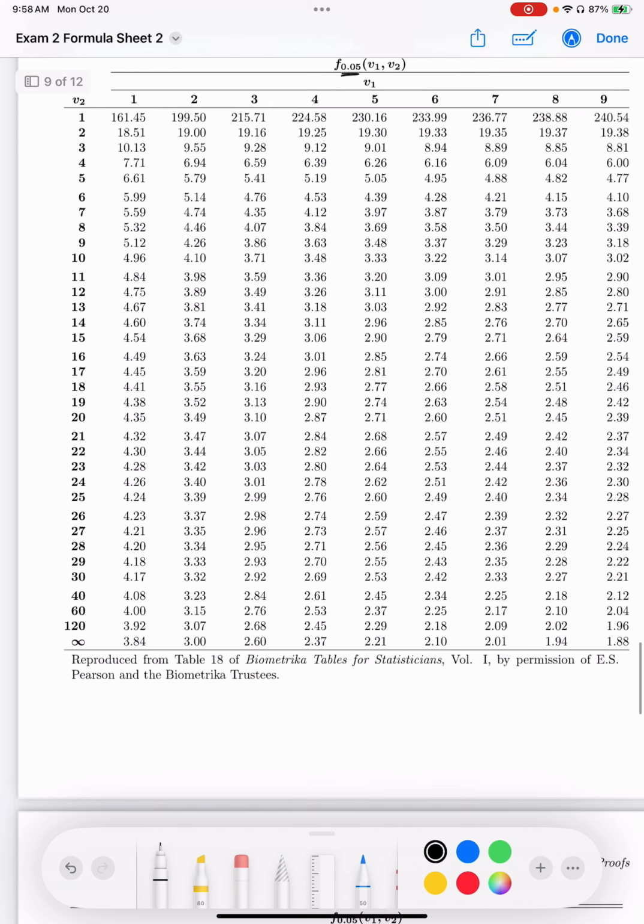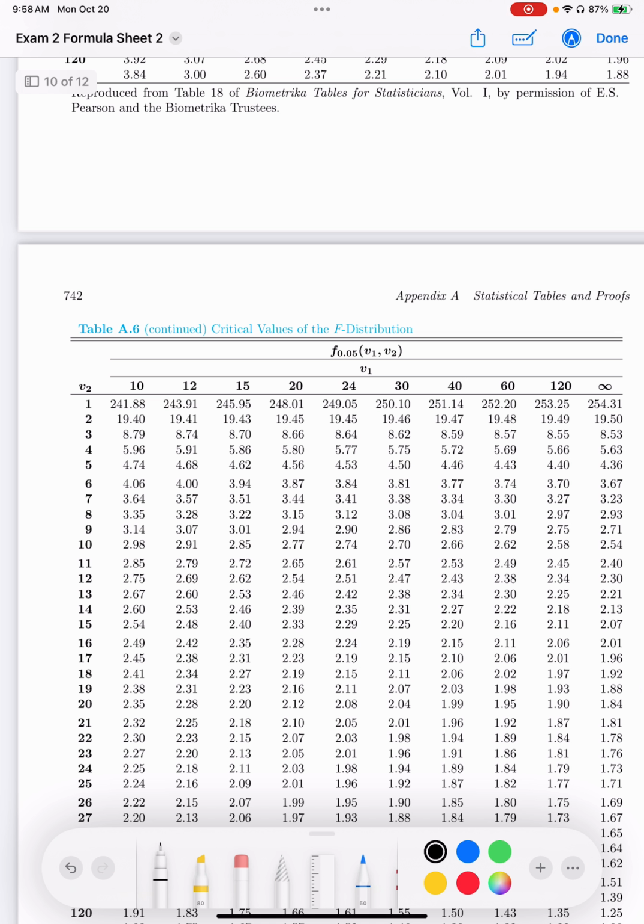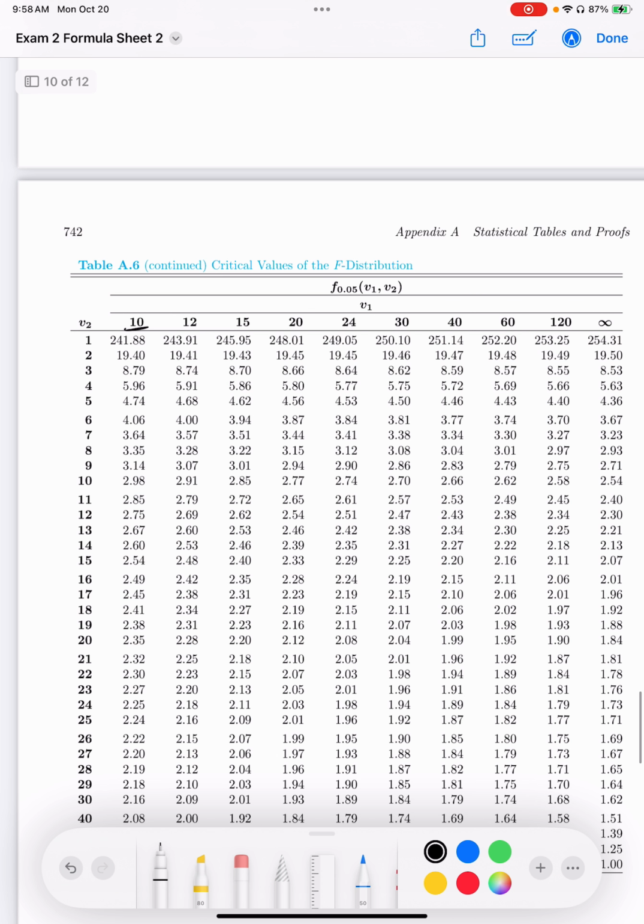So if we look down here, we have 10, and then we have our 13 over here. And so we have our value is 2.67, so that's our F value.